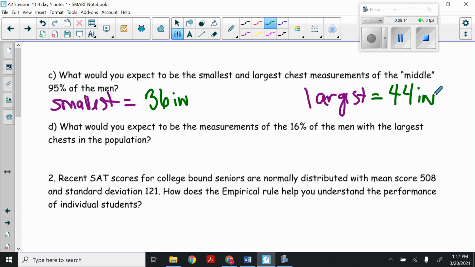And then the last one says, what would you expect to be the measurements of the 16% of the men with the largest chest in the population? The 16%, okay, our largest. So we're going to start at the end, 0.15 plus the 2.35 plus 13.5. Those 3 numbers will always add up to get you the 16%. So those 3 areas will always be 16%.